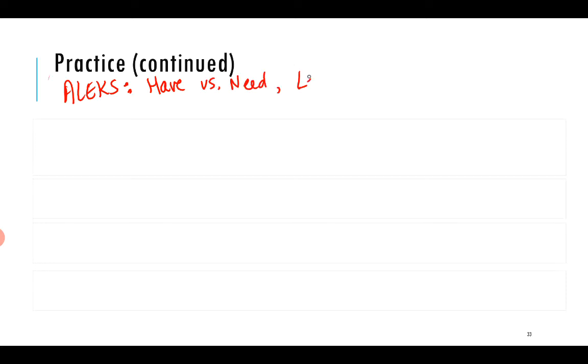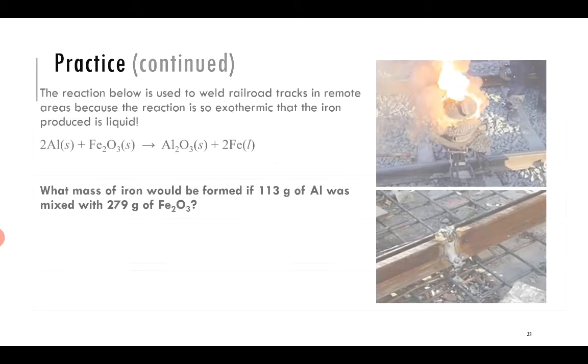And then you ask yourself, do you have leftovers? And so I have 113 grams of aluminum. And I can use that to calculate, well, let's use my mass of iron oxide, which was 279.